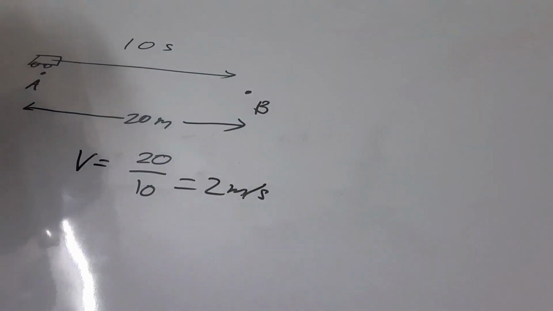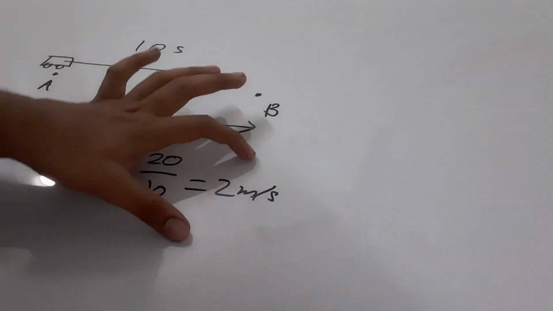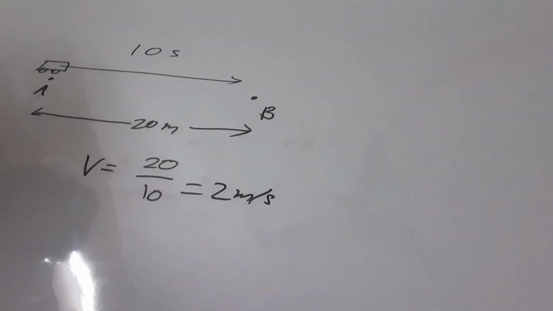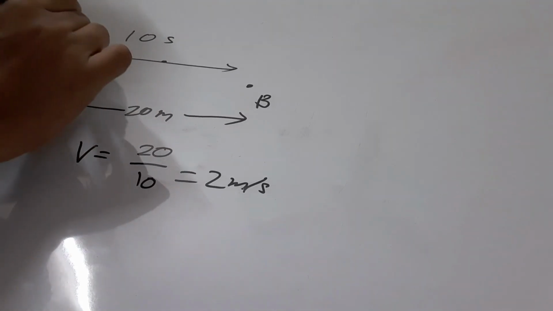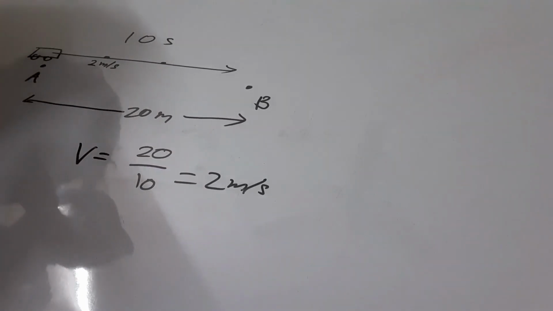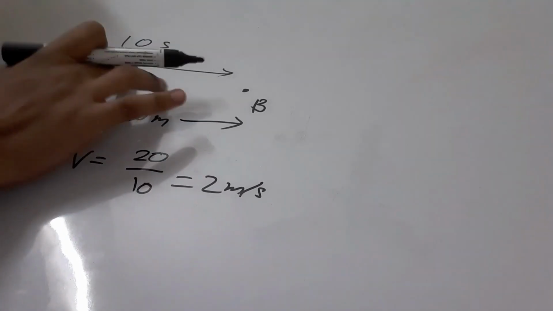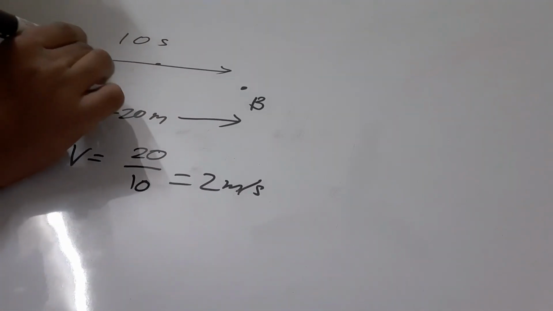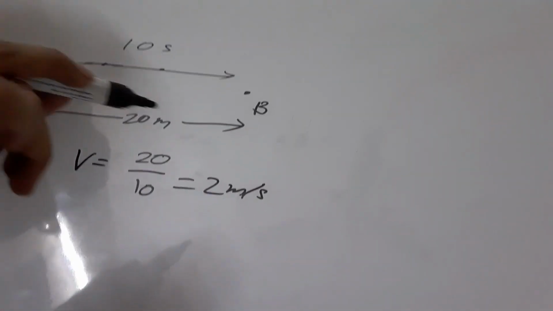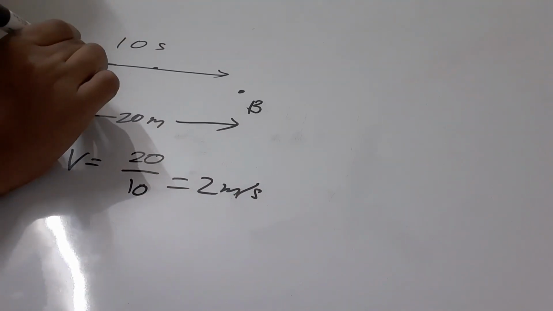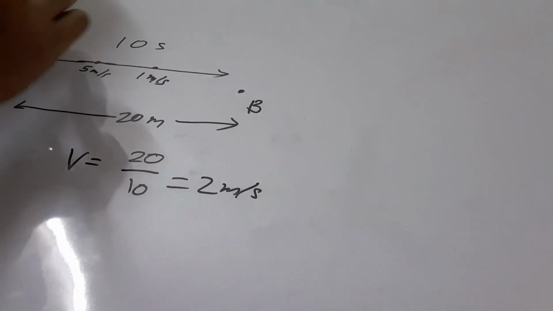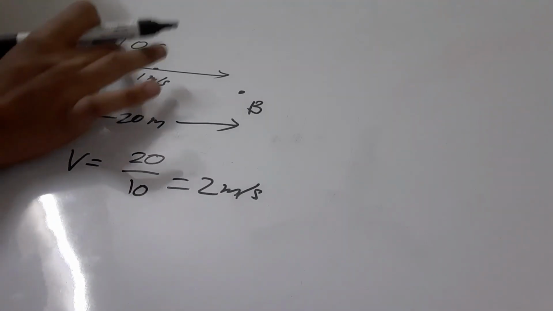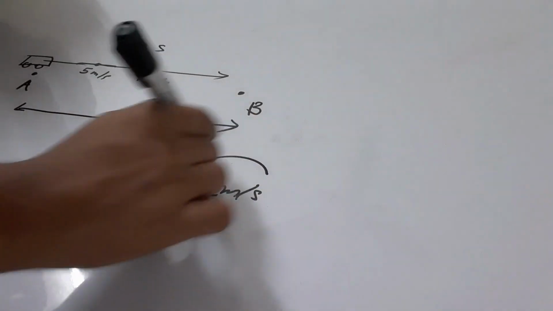this case. But this does not necessarily mean that at any point in the journey your speed is going to be 2 meters per second. Chances are, and there is a really high chance of this in the real world, that your velocity may be 5 here, 1 here, and then if you take the average of all these velocities, you get 2.